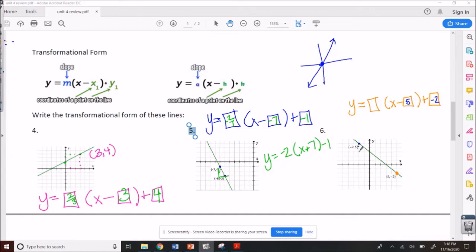So 1, 2, 3, 4, 5, 6, 7. So down 7 to the right, 1, 2, 3, 4, 5, 6, 7. So -7 divided by +7 is -1. x minus 5 minus 2.